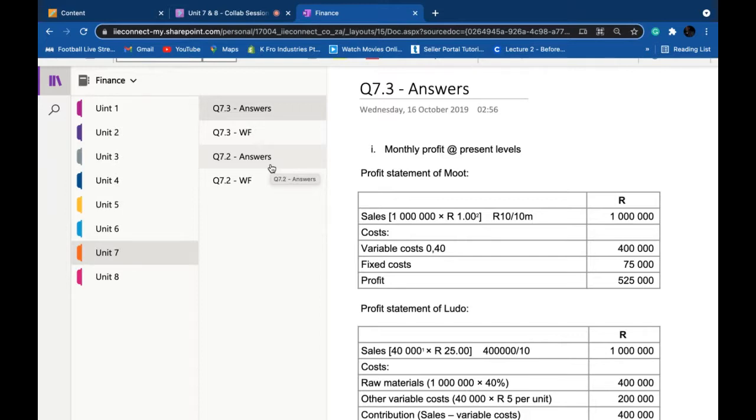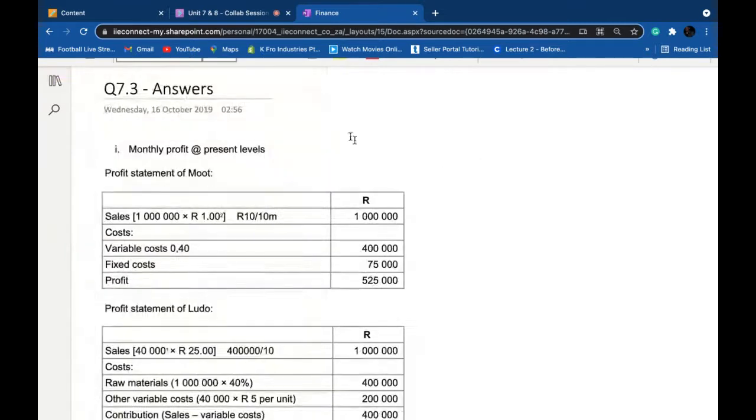Recommend an appropriate transfer price. So it seems like both of them are quite similar. And then you have 7.4, which is just multiple choice questions. So you can see already it's not that bad. It's just about retrieving the important information. I'm just going to have a look at these answers to see what they'll be expecting you to do.